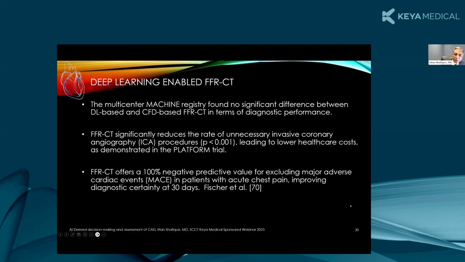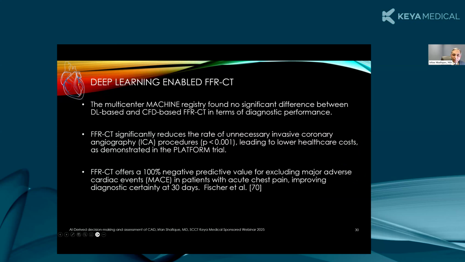Now, a multi-center machine registry found no significant difference between deep learning-based and computational flow-based FFRCT in terms of diagnostic performance, but it significantly reduces the rate of unnecessary invasive coronary angiography.